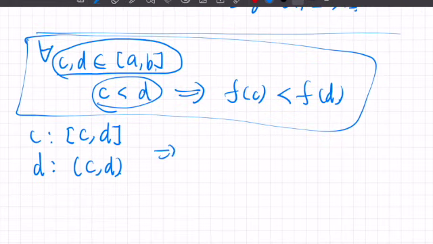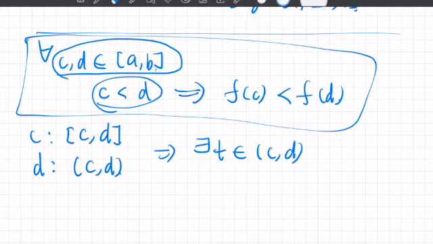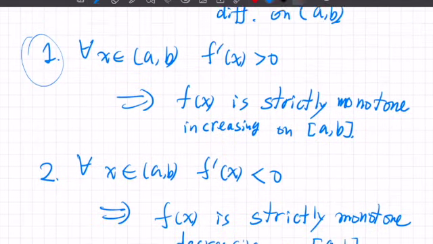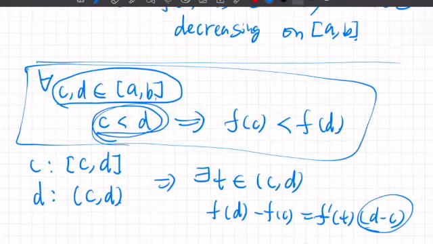Therefore there exists some t between C and D such that f of D minus f of C is equal to f prime of t times D minus C. But since we are assuming that C is less than D, this part is positive. And by assumption here, f prime is positive.